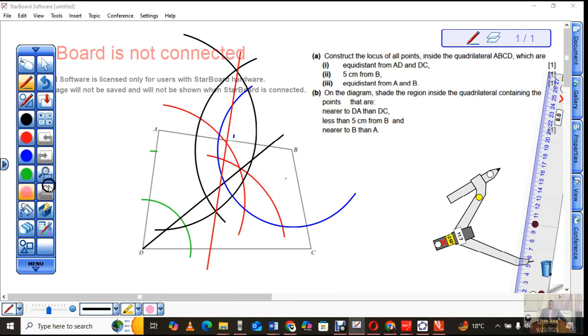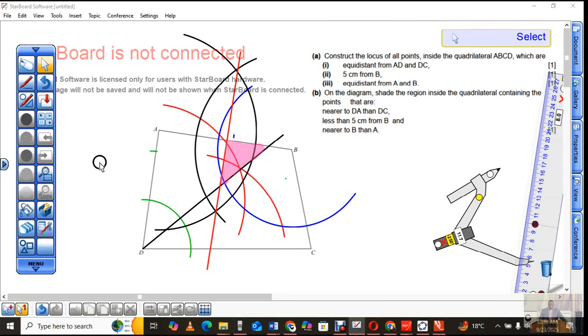So the part that you shade is this little triangle over here. That's that triangle. Good. So that is the part you're supposed to shade.